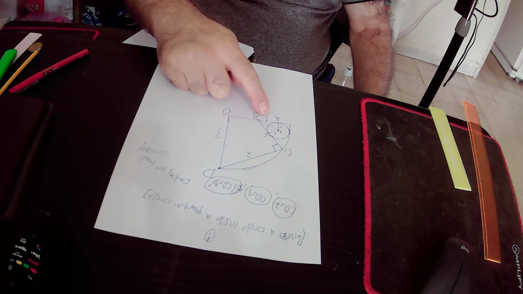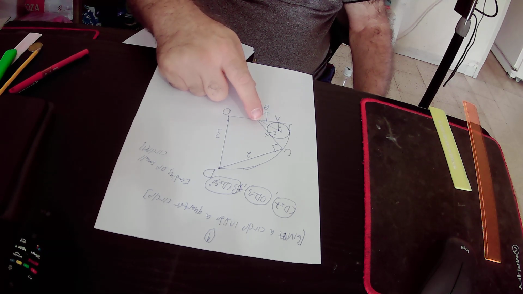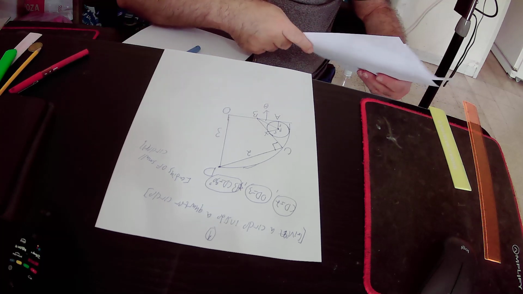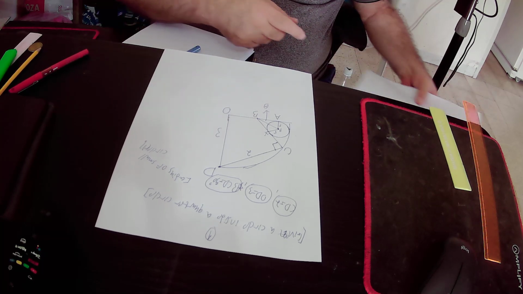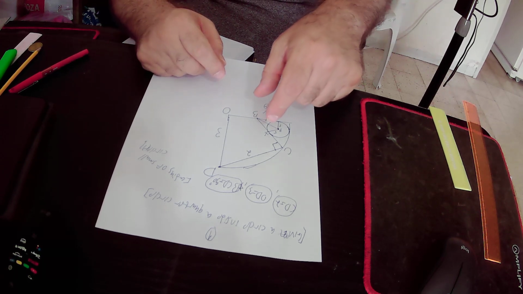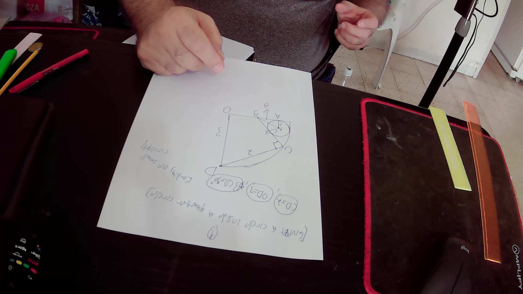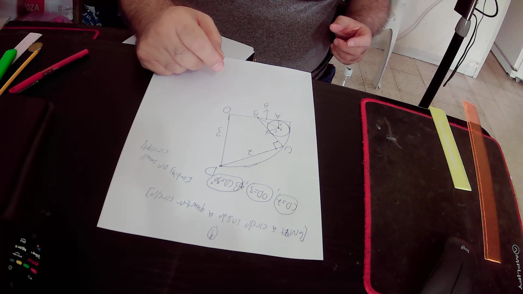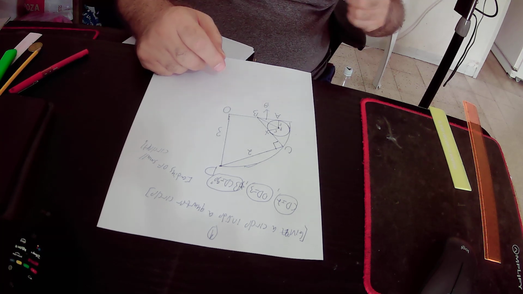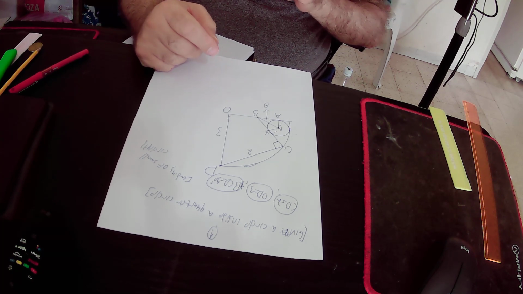AB is tangent at point A and BX is tangent to the circle at point X. So according to the two tangents theorem, those two lengths AB and BX are equal to each other, or AB equals BX.